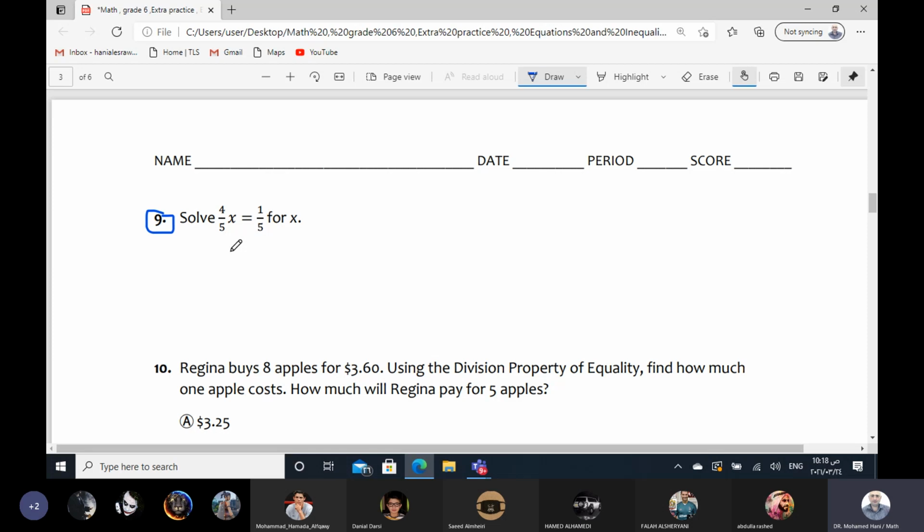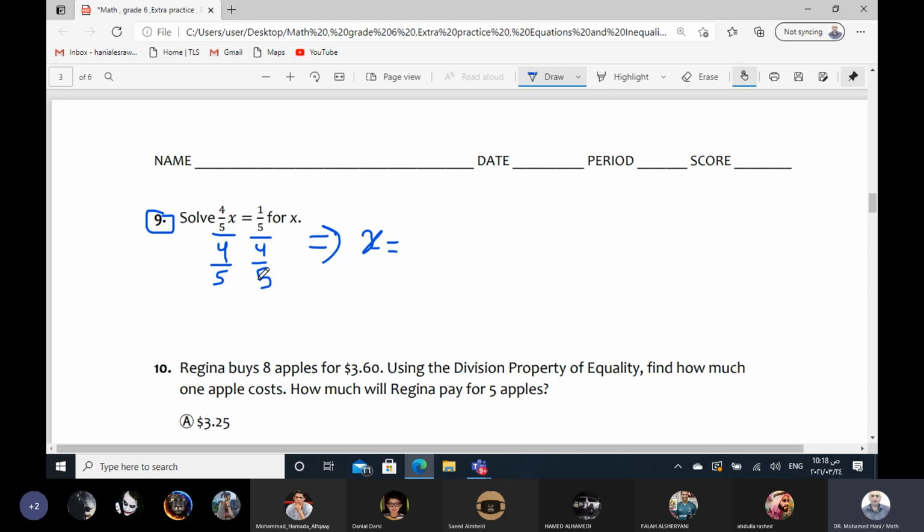Okay, check with me, please. This is a multiplication equation. We want to remove the coefficient 4 over 5, so we can divide by the same coefficient, divide by 4 over 5, and divide here by 4 over 5. 4 over 5 divided by 4 over 5 will be 1x, which means x equals.